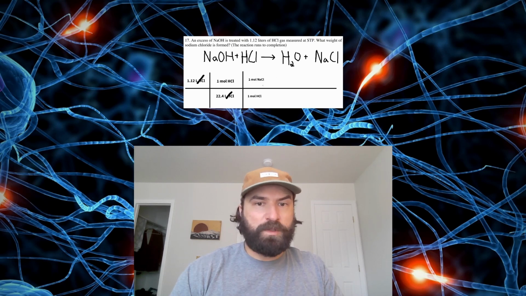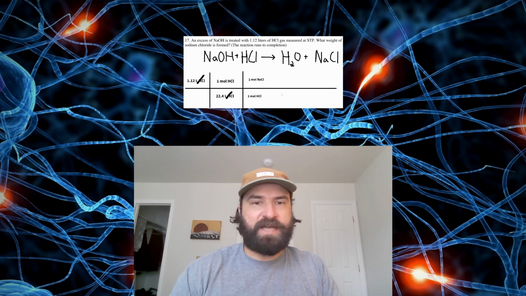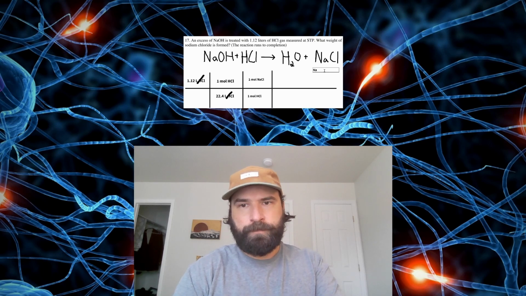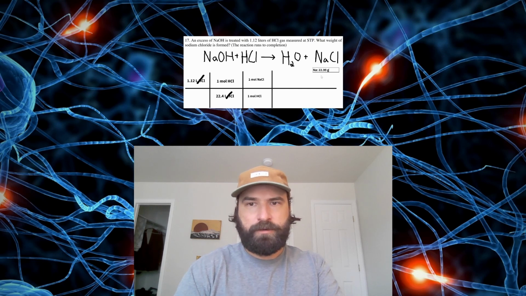So now I'm in moles of sodium chloride, but I want the weight of sodium chloride. Well, what relates moles to weight? That would be the atomic mass. So we're going to have to do an atomic mass calculation for NaCl. So sodium has an atomic mass of 22.99 grams per mole.